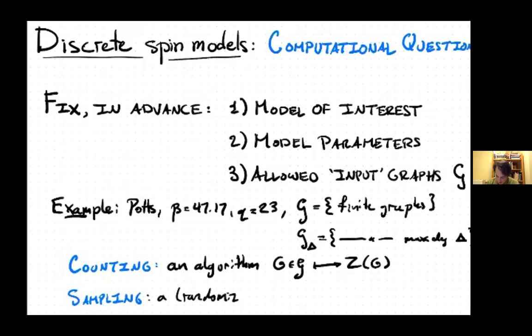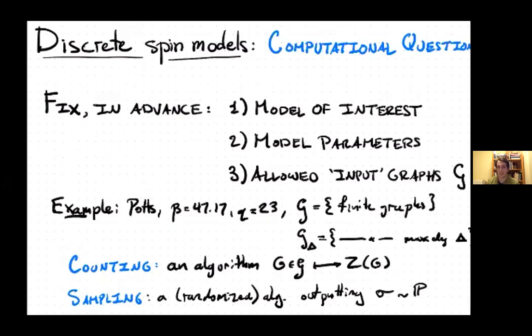So it has a source of randomness that outputs a spin configuration sigma distributed according to the probability law of the model I've chosen with the parameters I've chosen. Again, the sampling algorithm is given a graph because it has to output a spin configuration on that graph. Okay, so those are the two problems that we're interested in, formulated very naively.